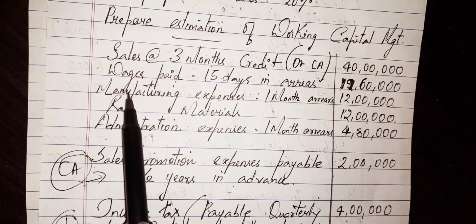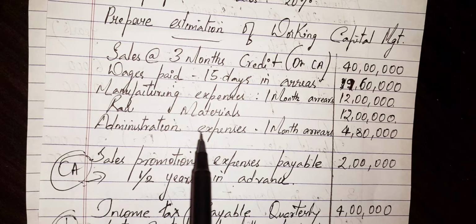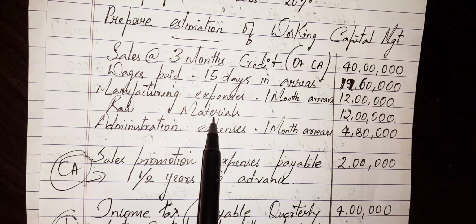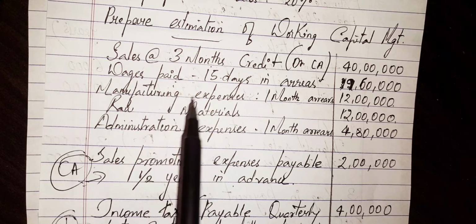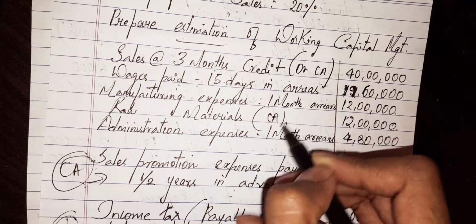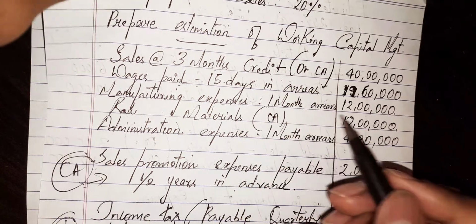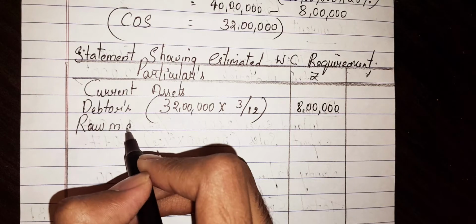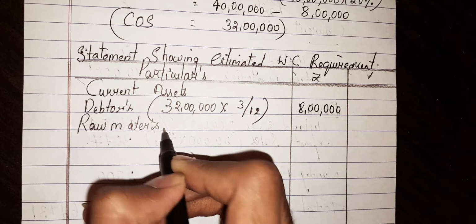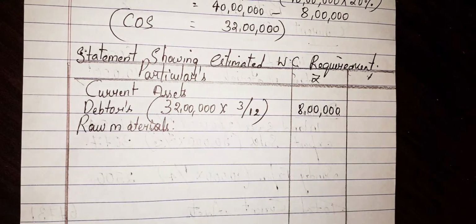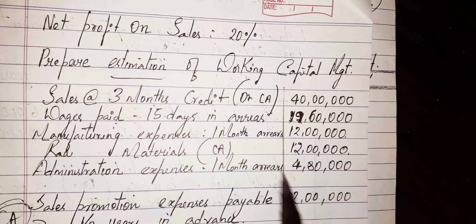Wages paid is expenses, manufacturing expenses, raw materials. Yes, raw materials, it is again an inventory, a current asset. So what is the value of raw materials?